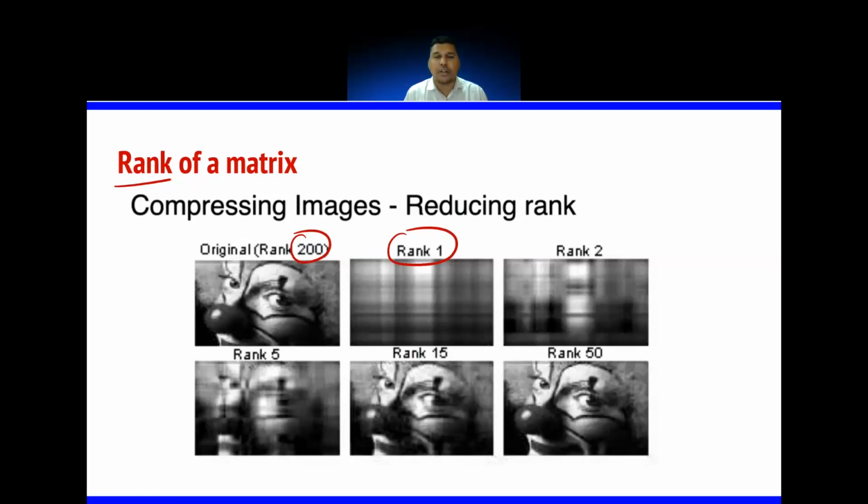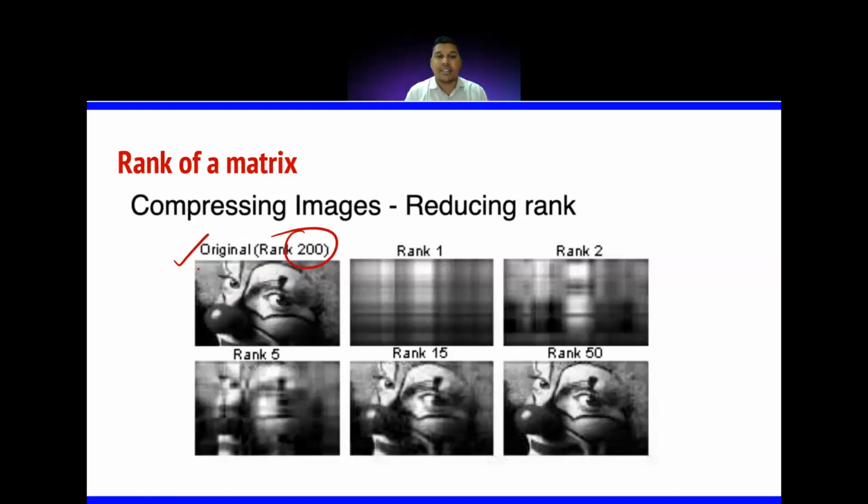I'll talk a little about autoencoders. I said with an autoencoder, you try to reduce the size without losing properties. Here, each image is made of pixels, and the pixels form a matrix. So if the matrix rank is 200, it is full of values.